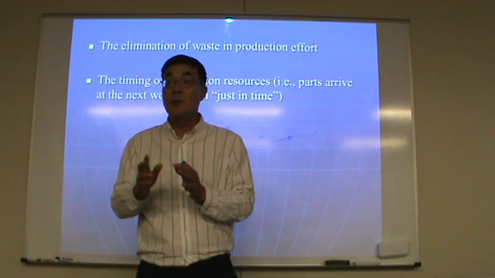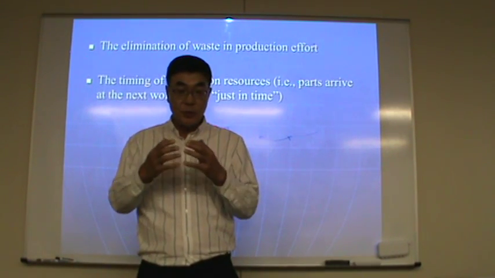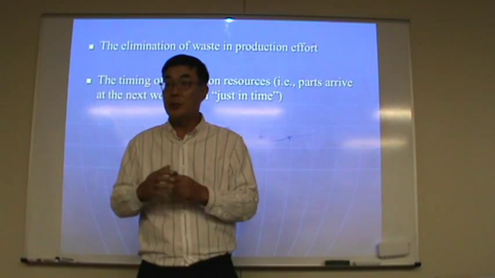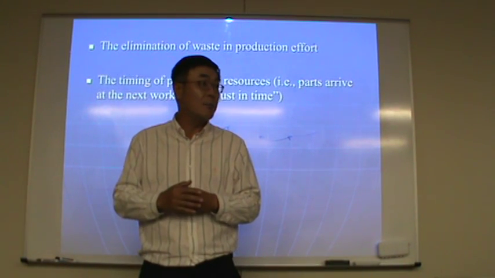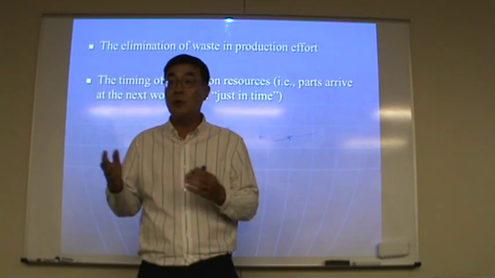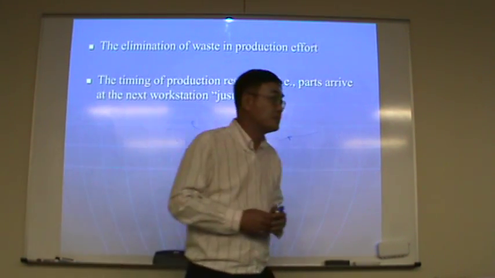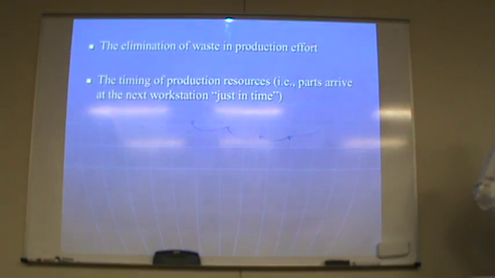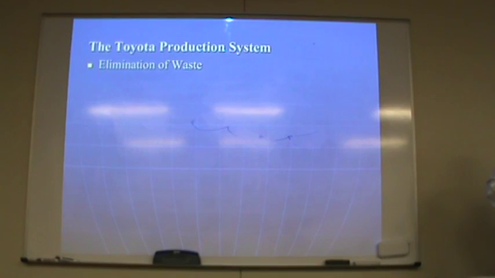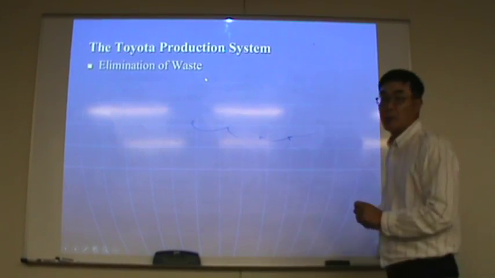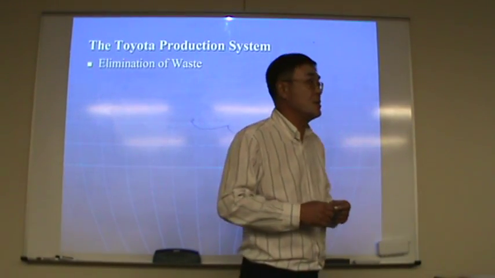Just in time: if I need 100 now, receive 100 now. Then we don't need inventory, we don't need waiting time, we don't need unnecessary things, right? Time is important. So we call it just-in-time system. Toyota system is the most famous JIT system.